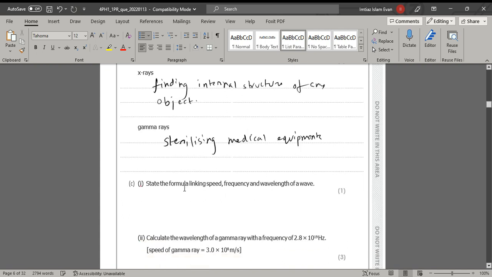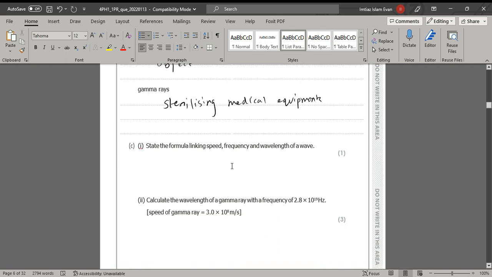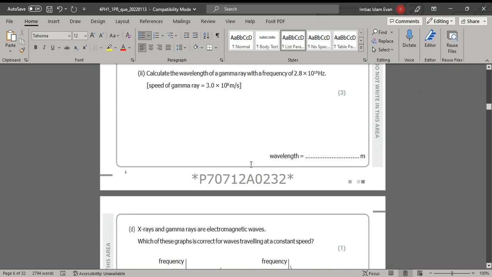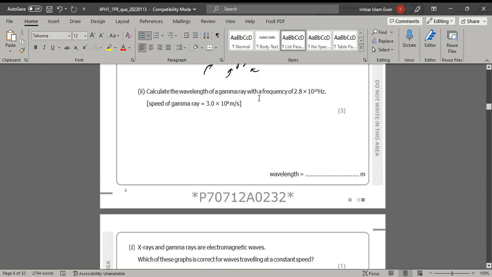Okay. State the formula for the speed, frequency, and wavelength of a wave. We know that v is equal to f lambda, or you can say the wave speed is equal to frequency times wavelength. Okay. Now the next question says calculate the wavelength of a gamma ray with the frequency of 2.8 times 10 to the power 19 hertz. So we know the equation: wave speed is equal to f lambda.